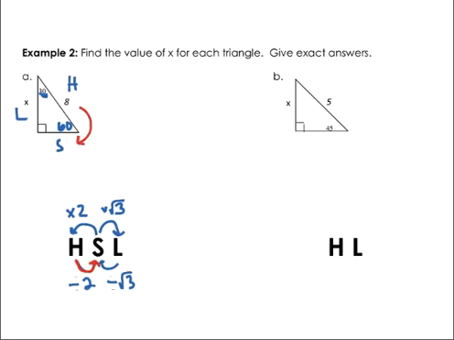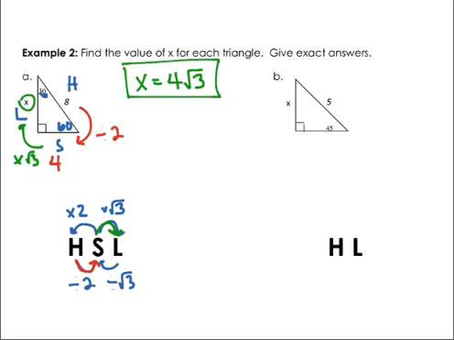I would have to divide by 2. 8 divided by 2 gives me 4. Now, to get from the short leg to the long leg, because that's what I'm really looking for, I need to multiply by radical 3. So x is just going to equal the short leg times radical 3. And then we're done.